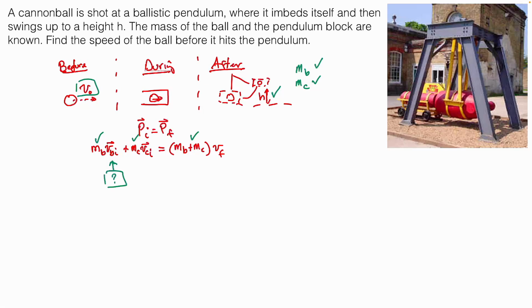Do I know the velocity of the catcher initially? It's 0, right? It's not moving, which is sometimes why I just won't even write that term. If I know something's not moving, I don't give it a momentum. All right. And do I know the final velocity that the catcher and the ball are moving? It's not 0.